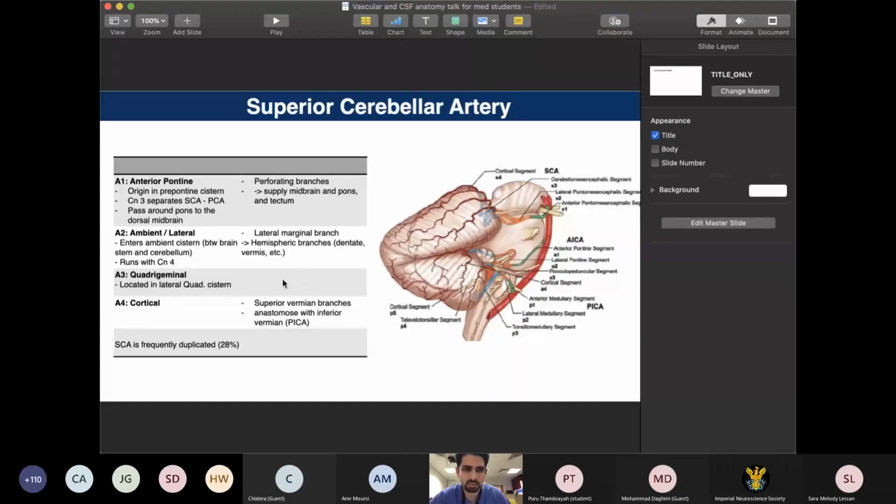The quadrigeminal cistern, which also houses a section of the posterior cerebral artery, and then you've got your cortical branches, which supplies the superior surface of the cerebellar hemispheres, and actually anastomose with each other. So the SCA and the PICA anastomose to provide full coverage.